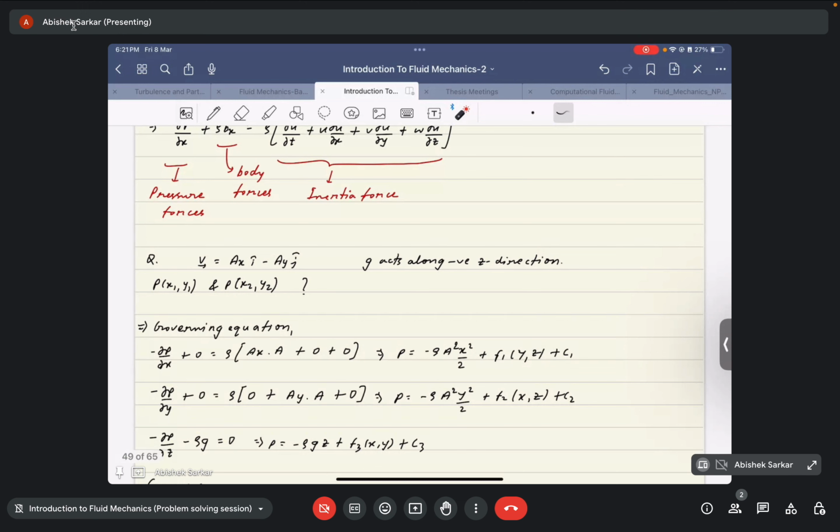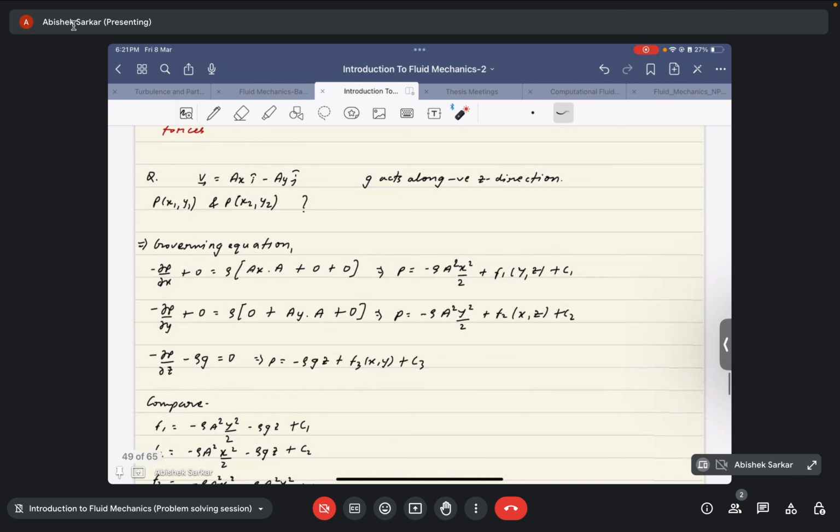So the velocity field is given by v equal to ax i cap plus ay j cap, and g, the gravitational acceleration, acts along the negative x direction, which essentially comprises the net body force. Then we are asked to find the pressure at points P1 (x1, y1) and P2 (x2, y2).